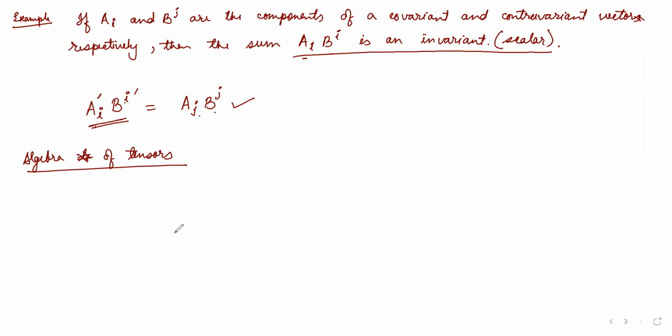So first, what are tensor operations? Tensor operations are actually operations like addition, subtraction, multiplication. So how can we add tensors? How can we subtract tensors? How can we multiply tensors? This is all about algebra of tensors. This is what algebra of tensors means.